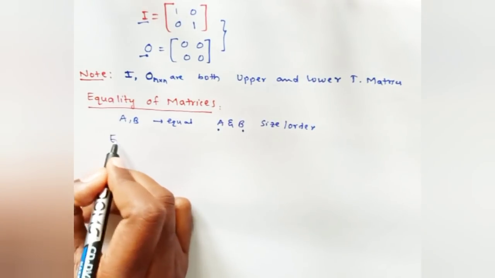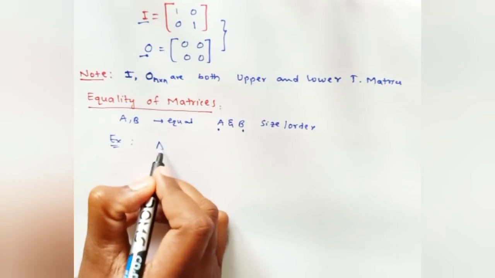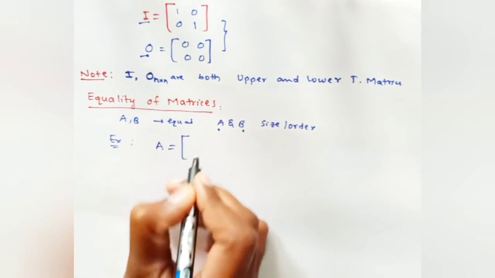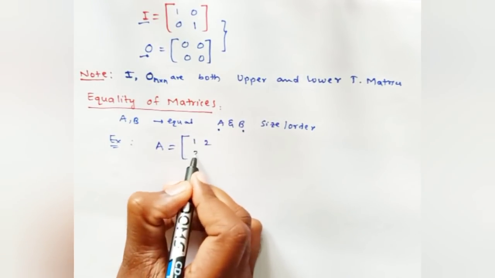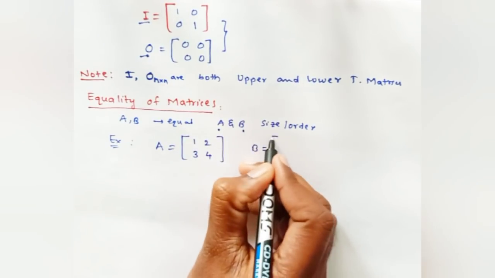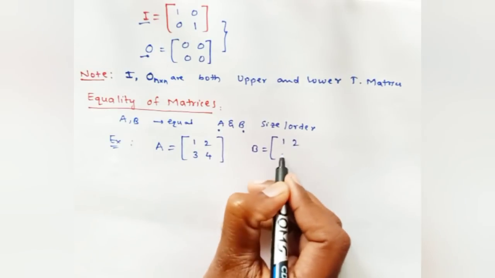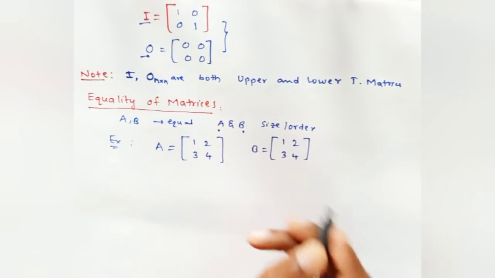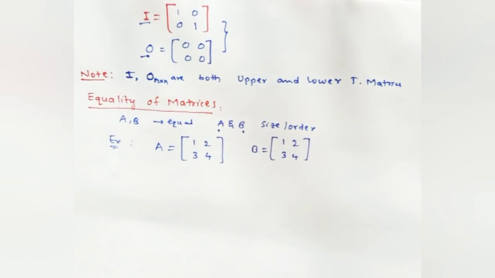For example, A is the matrix 1, 2, 3 and 4, and consider another matrix B as 1, 2, 3 and 4. Here you can observe that only the naming conventions are different.